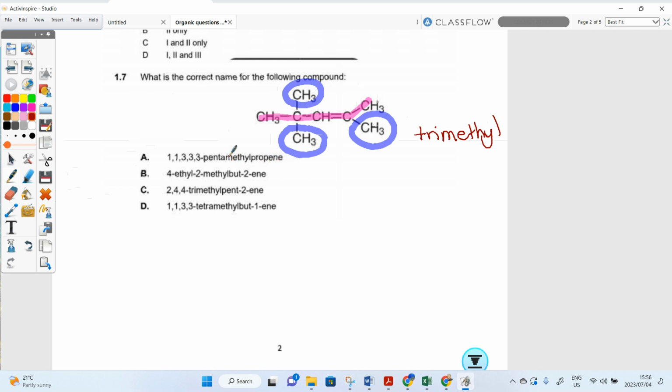So let's look. There's a pentamethyl. Is that right? No, can't be. Let's look for another trimethyl. There's a trimethyl. So it could be C, and it's actually the only trimethyl. So the answer is C. So this one was easy to eliminate.